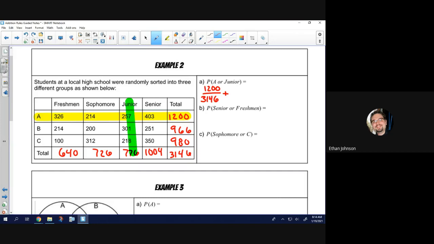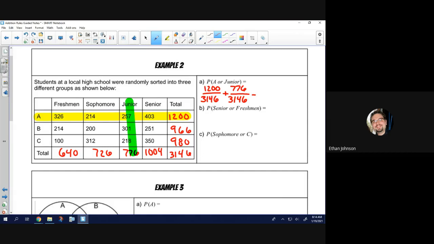Or means to add juniors. Well, there were 776 juniors out of the 3,146. But my overlap, how many juniors were in group A?